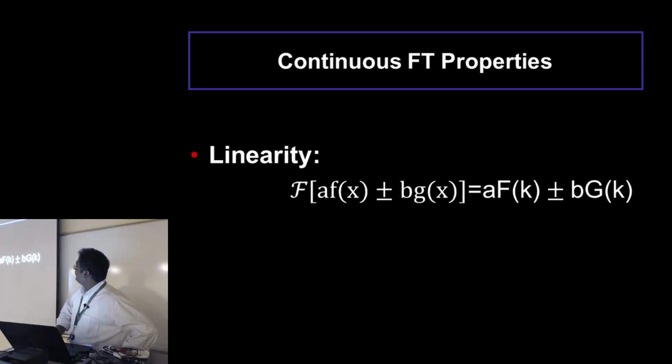Okay, so linearity essentially, as the name suggests, the Fourier transformation is linear in its process. If you have two functions and you want to calculate the Fourier transformation of the sum of those two functions, then you can basically linearly sum them up.